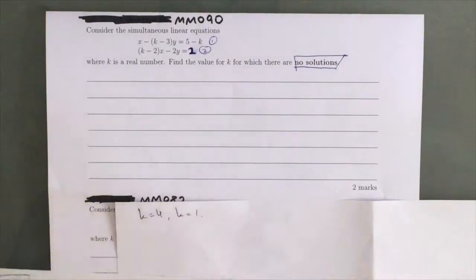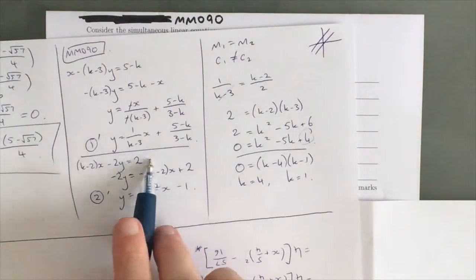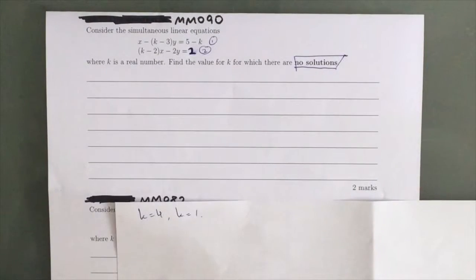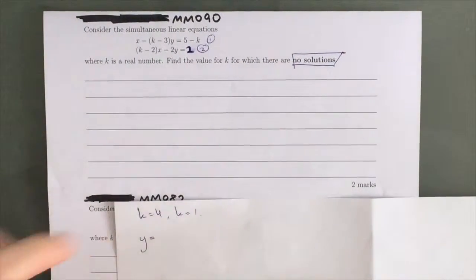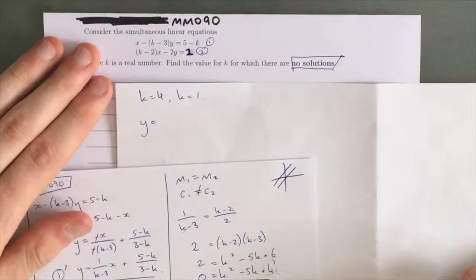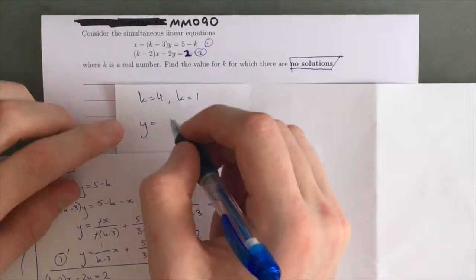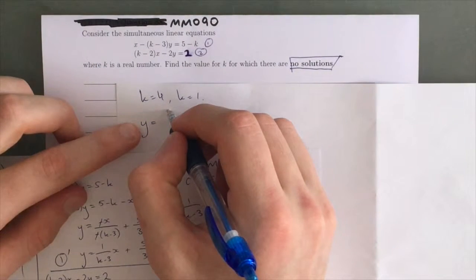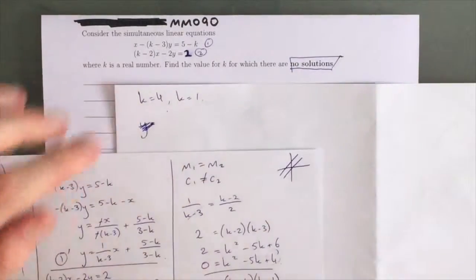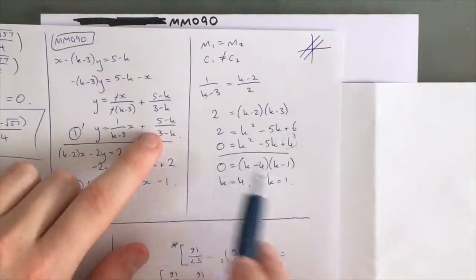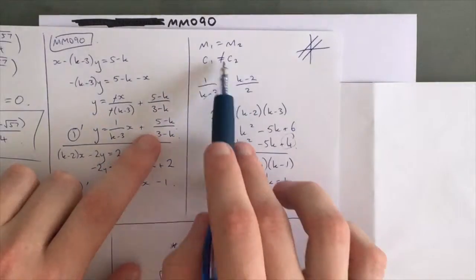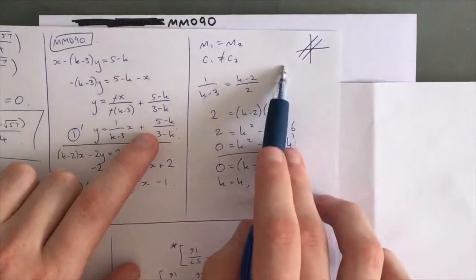And our first equation is shown here. Actually, let's not worry about that. So what we're looking at is our c values. So we want the c values to be different because that means they'll be parallel like this.